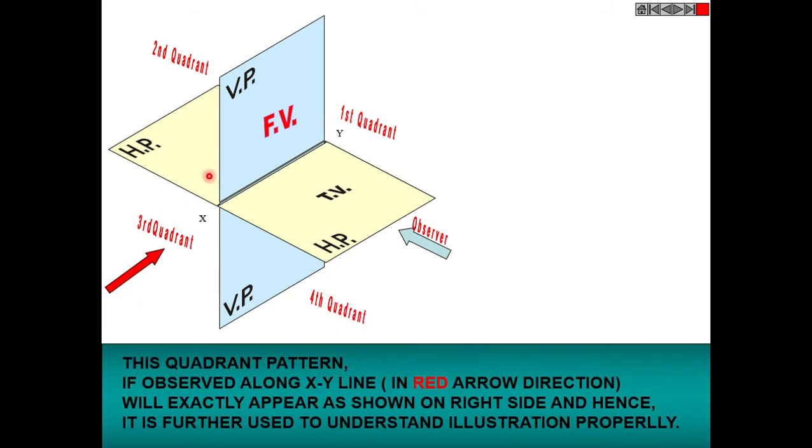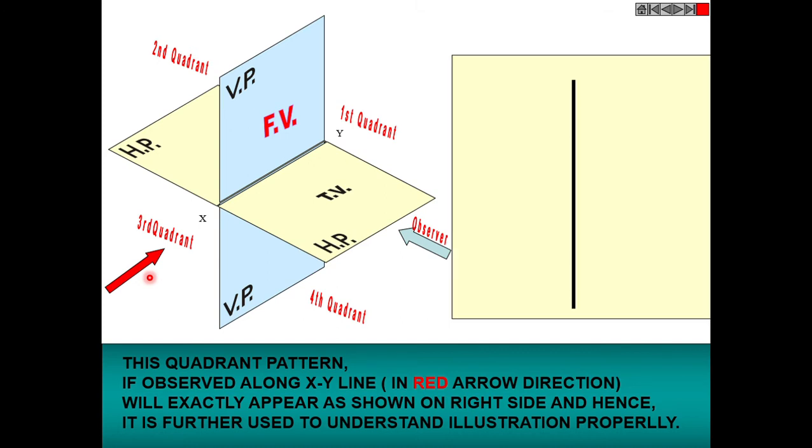And if you see from this side, this red arrow indicates the observer along the XY line in the red arrow direction, and it will appear exactly as shown on the right side, like this one.